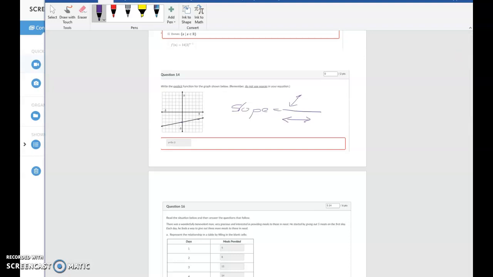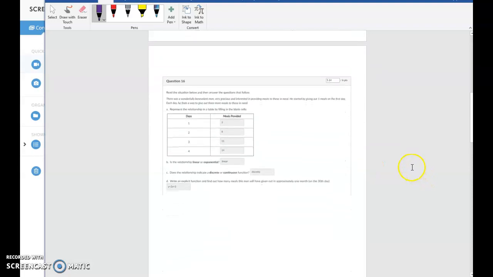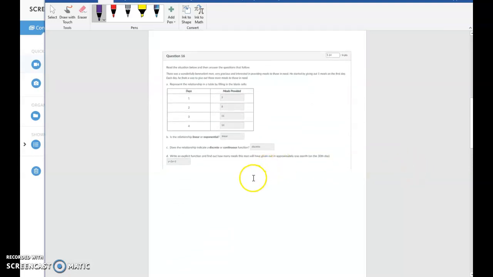All right, let's look at number 16. So 16, they give you a chart, and the only one that you missed was D. So your table was great. It is linear. It is discrete.